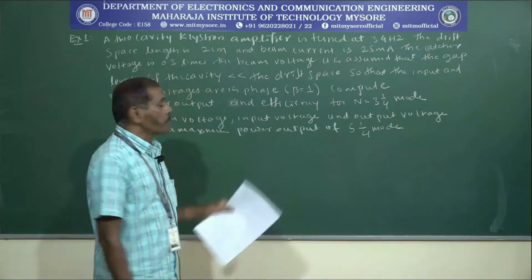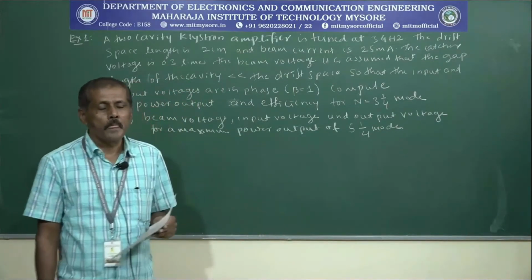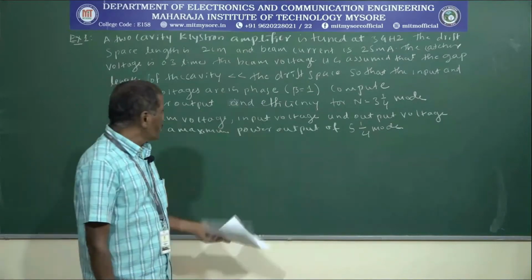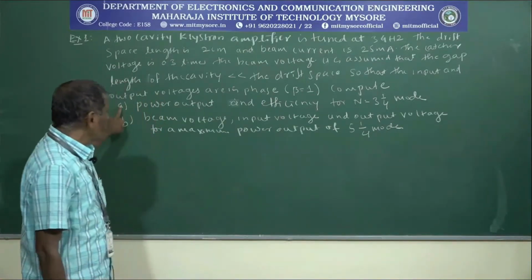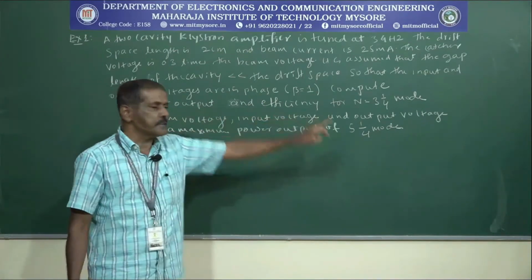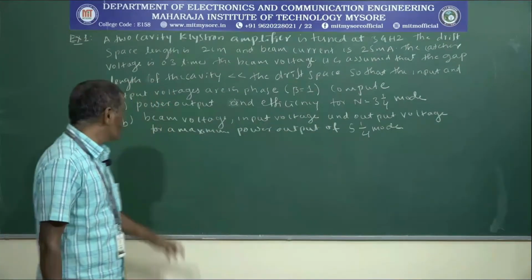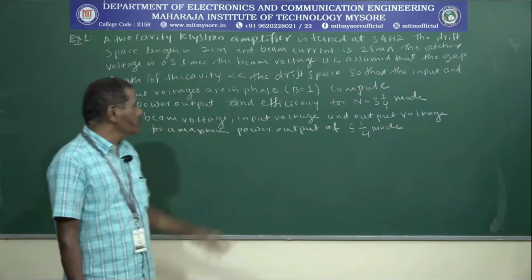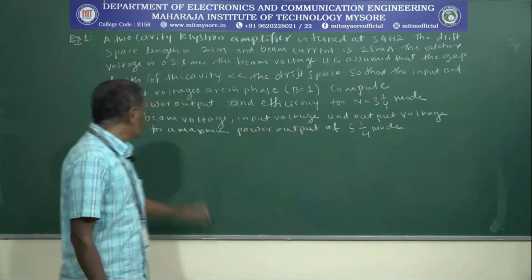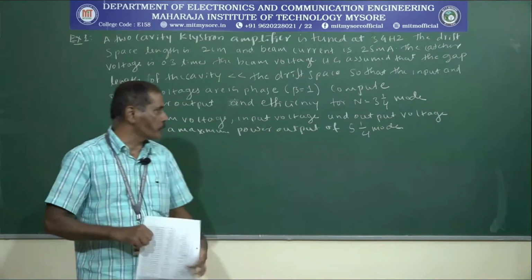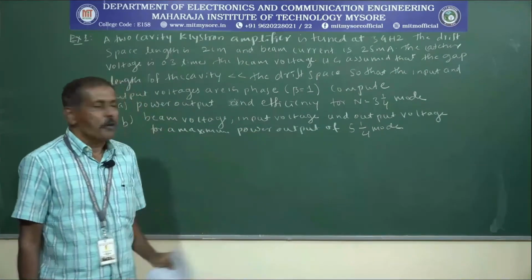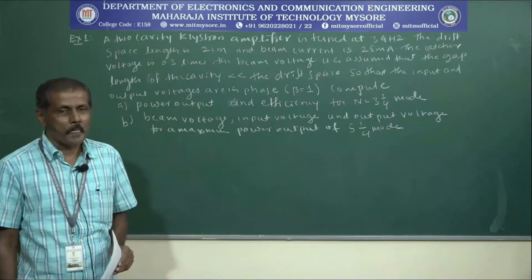Okay. Now this is the problem that has been given. So you are supposed to calculate A, that is the power output and efficiency for n equal to 3/4 mode, and beam voltage, input voltage and output voltage, and the maximum power output for the 5 1/4 mode.